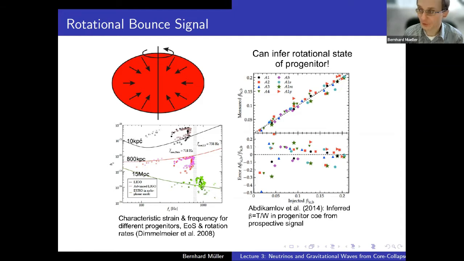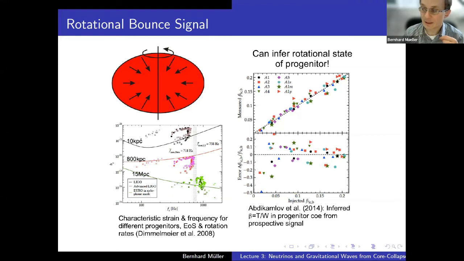Ah, yes, that's a very good question. The short answer is that during the collapse phase, up to bounce and shortly after bounce, you can apply this concept of angular momentum conservation. What belongs as angular momentum to a certain mass shell in the progenitor will be conserved during collapse. If you're talking about longer timescales, the explosion phase, you're absolutely correct.